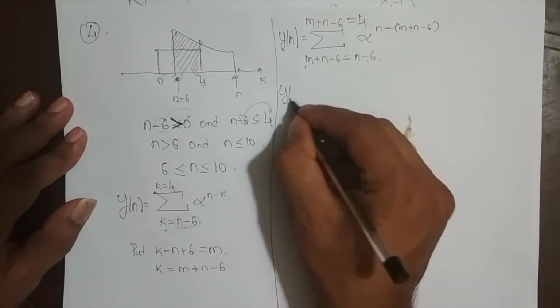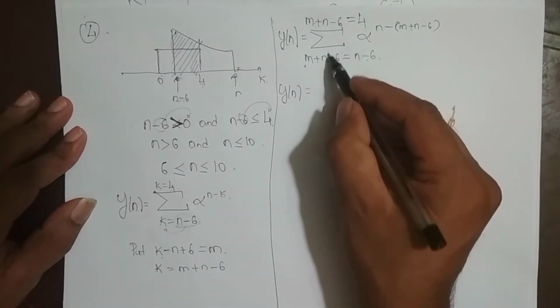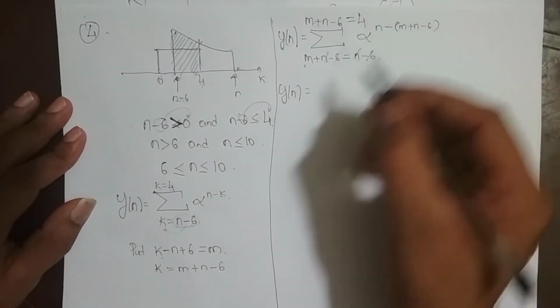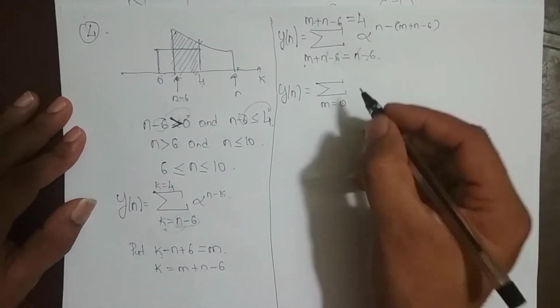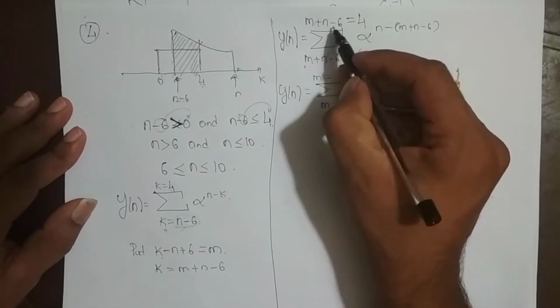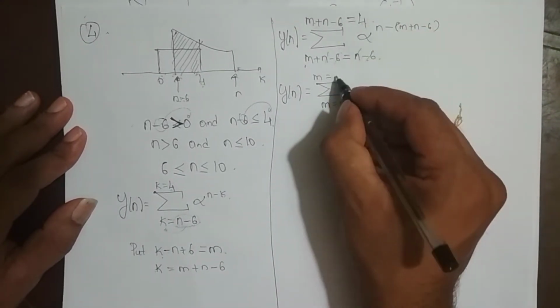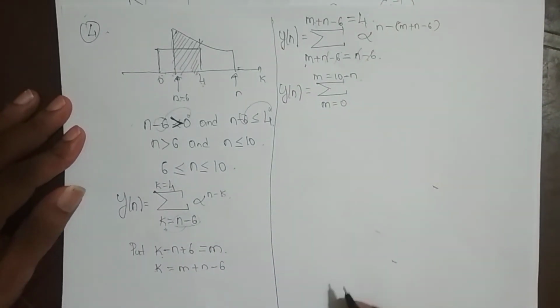So y of n is equal to, now I have to write the upper and lower limit in terms of m. So n cancels out, 6 cancels out, and this n minus 6 goes to the other side. So summation m is equal to 0 to m is equal to 4 plus 6, which is 10, minus n.